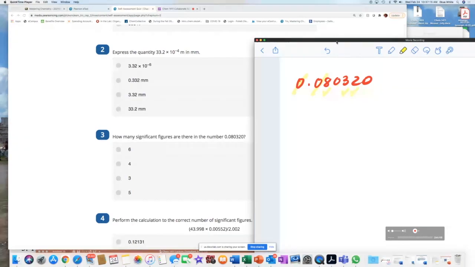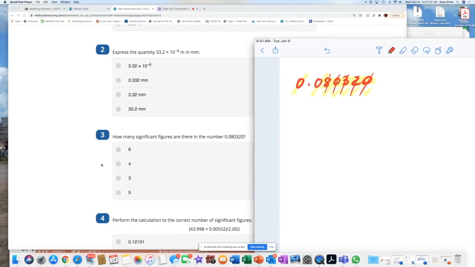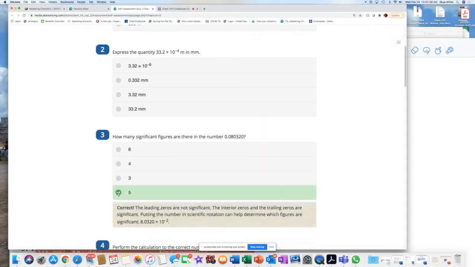Since the 0 is sandwiched between 2 non-zero numbers, it's also significant. And if you look at this last 0 here, it's significant because to its left you have a 0, and to its left you have a decimal point. So all of these highlighted numbers here are significant, right? So that makes it 1, 2, 3, 4, 5. It should be 5. Let me check and see.